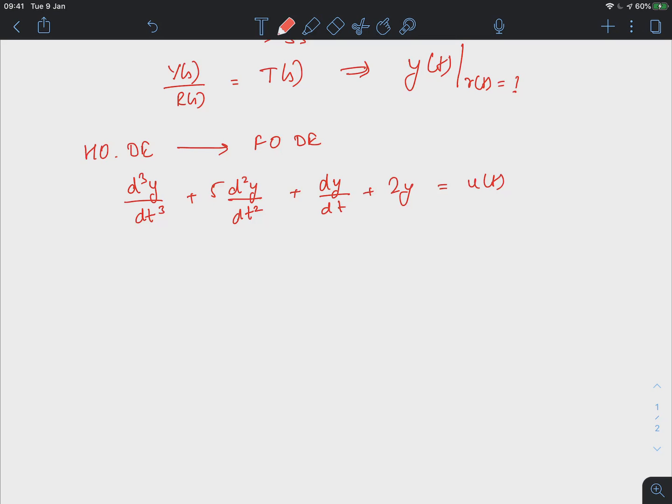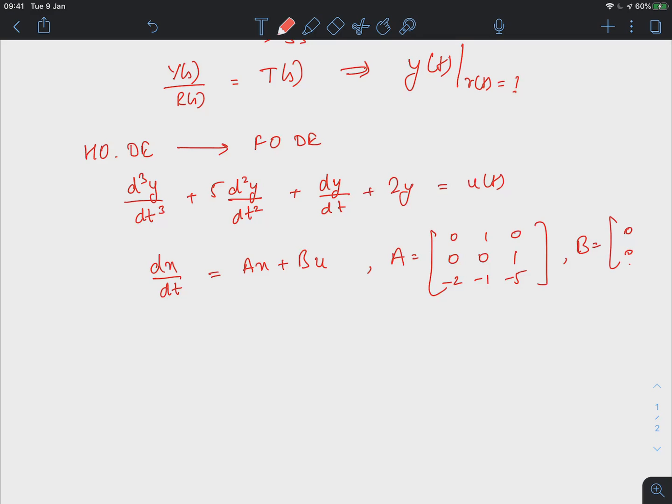Now staying in the time domain itself, we could represent this differential equation as a first order differential equation by introducing the variable x, which is the state variable, as dx by dt equals Ax plus Bu. Okay, where A we have computed, or you can compute by yourself using the methods introduced earlier, as it is one of the canonical forms, and B is [0, 0, 1].